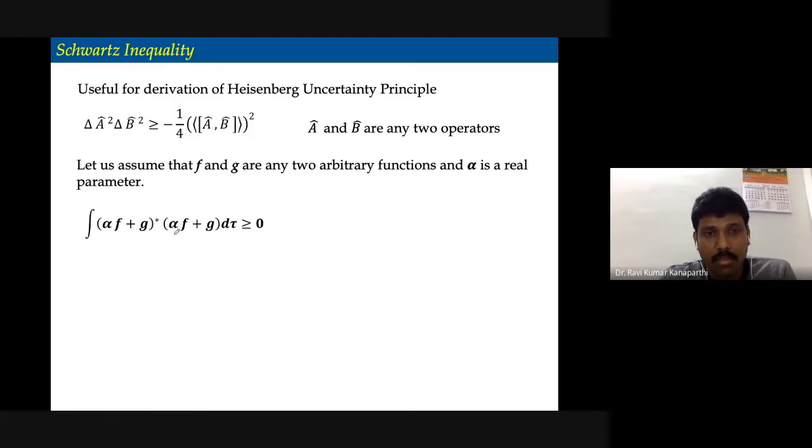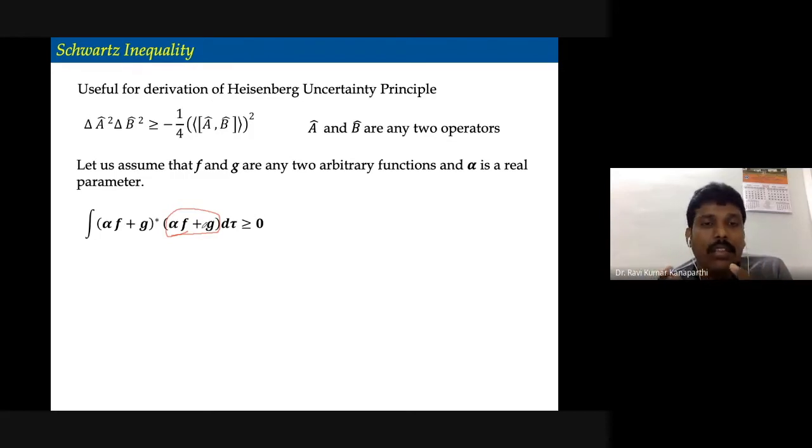What I'm doing is, since we assumed f and g are two arbitrary functions and alpha is my real parameter, I multiply one of the functions, f, with alpha, and then add another function, g. The summation of two functions becomes another function, isn't it?